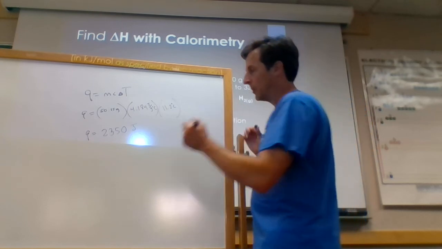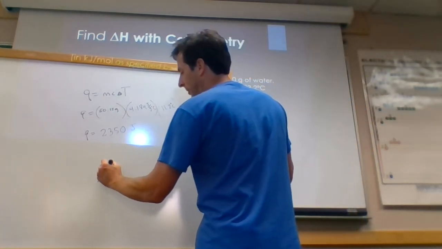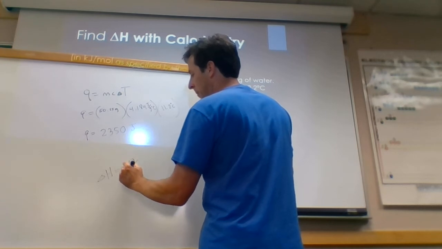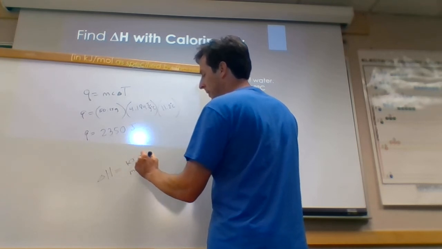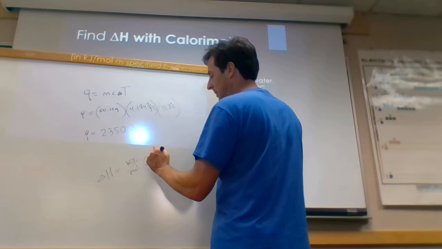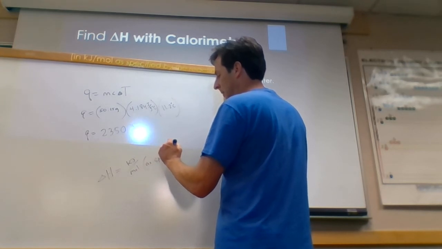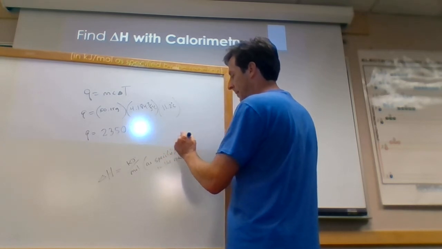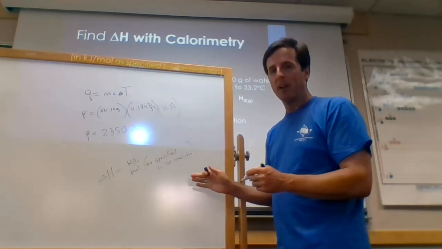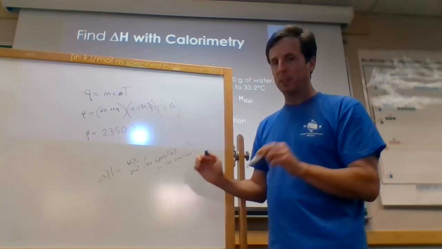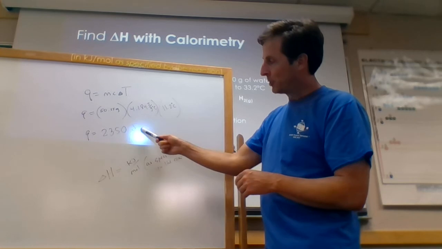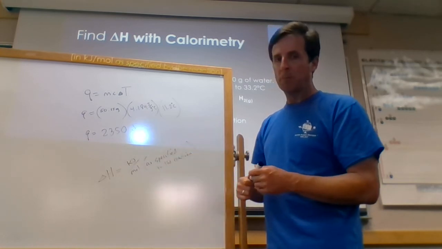Delta H, though, the units of delta H are kilojoules per mole as specified in the reaction. Now that's pretty picky, the 'as specified in the reaction,' but we'll deal with that at the end of the problem. So I have joules, I need kilojoules per mole.